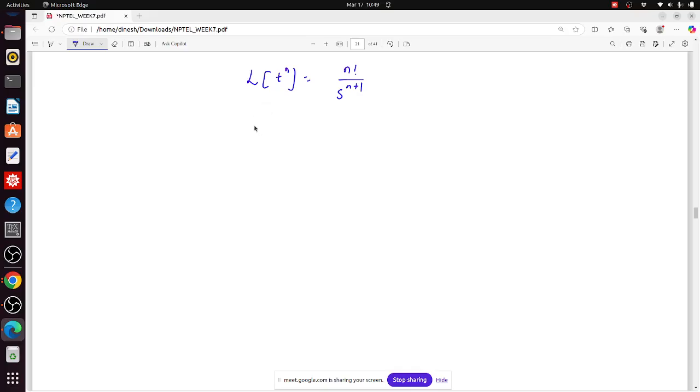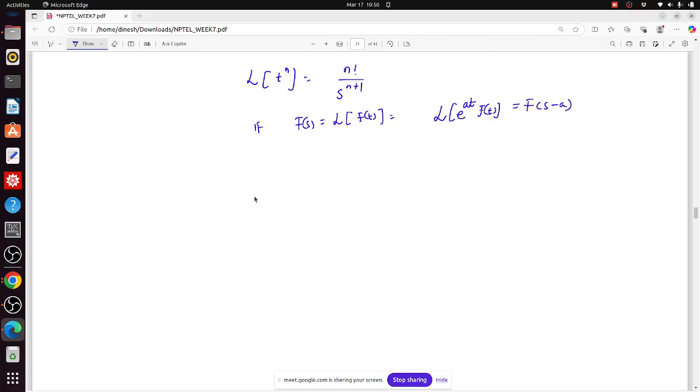Another formula: if f of s is equal to the Laplace transform of f of t, then from the translation property, the Laplace transform of e to the power at into f of t is equal to f of s minus a. By seeing these two formulas, we can infer what the initial function will be.